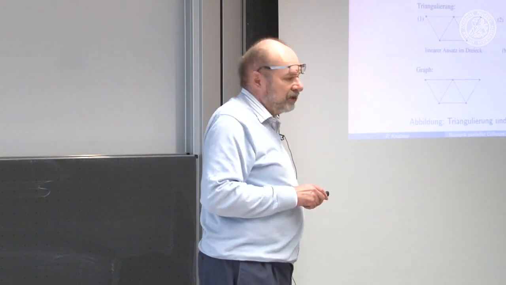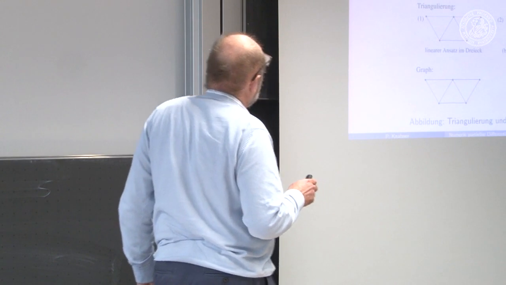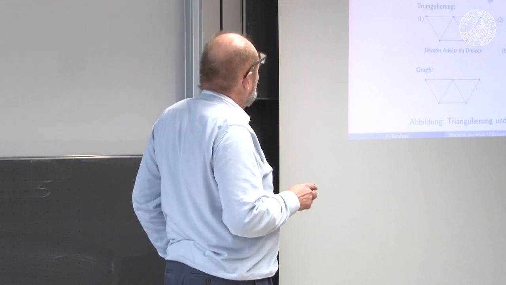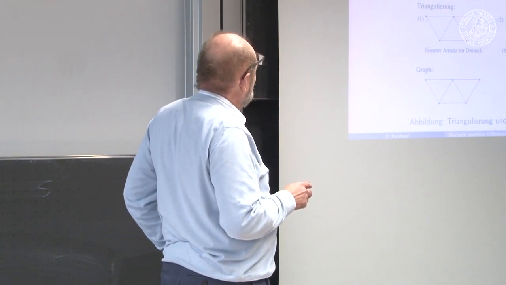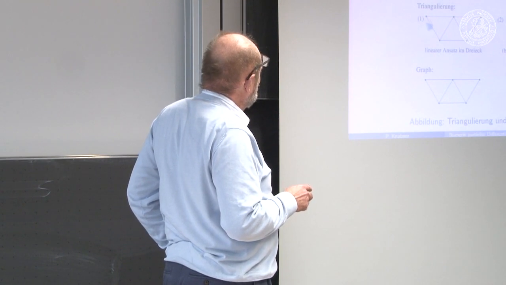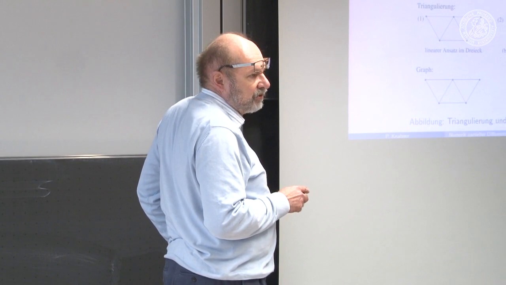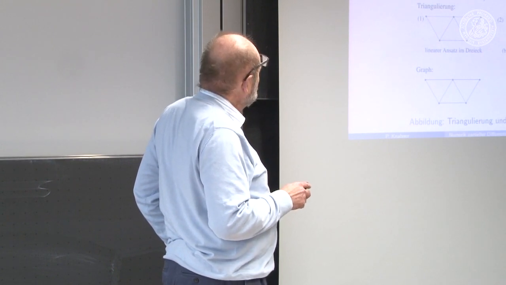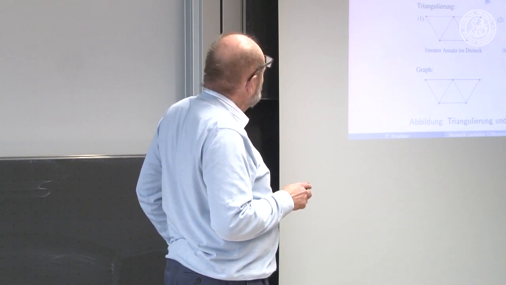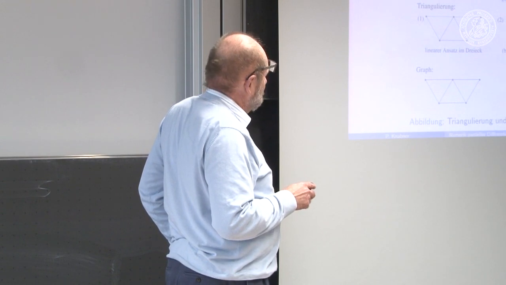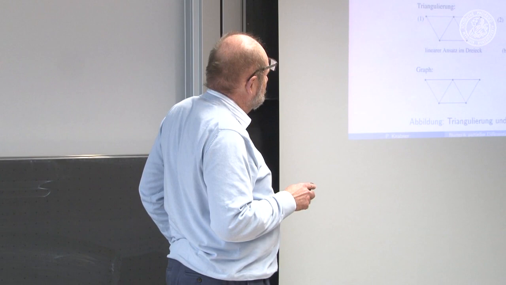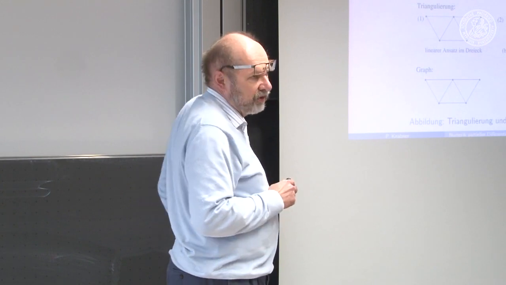And then we consider two nodes and ask ourselves, shall we connect those nodes with an edge in the graph? And this we do exactly in the situation where there is a triangle such that the corresponding basis functions do not vanish on this triangle.